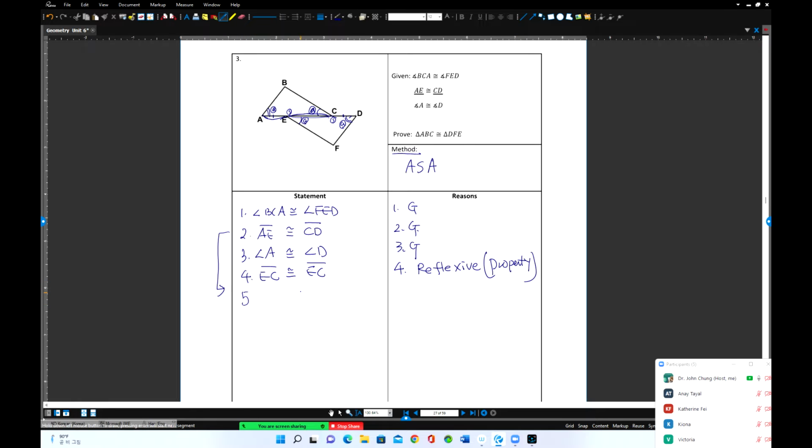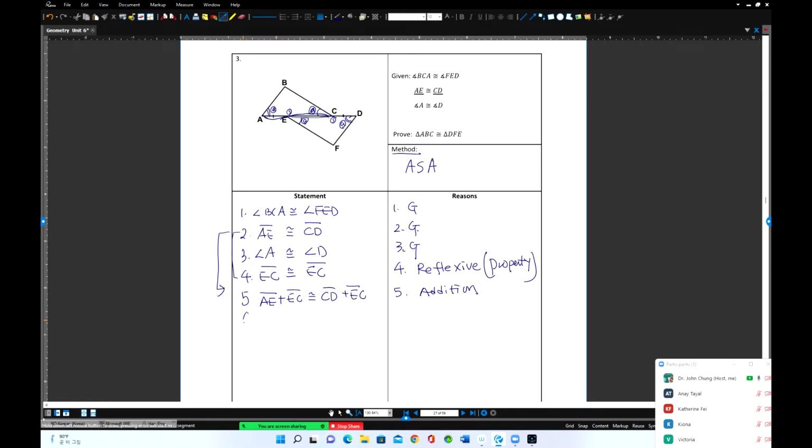The next one you can add over here, right? AE plus EC congruent CD plus EC, right? That is by addition.